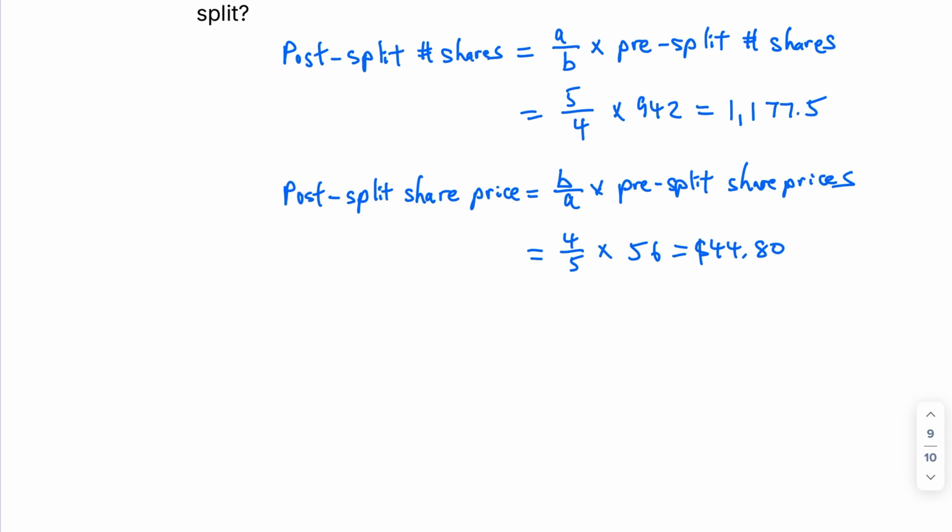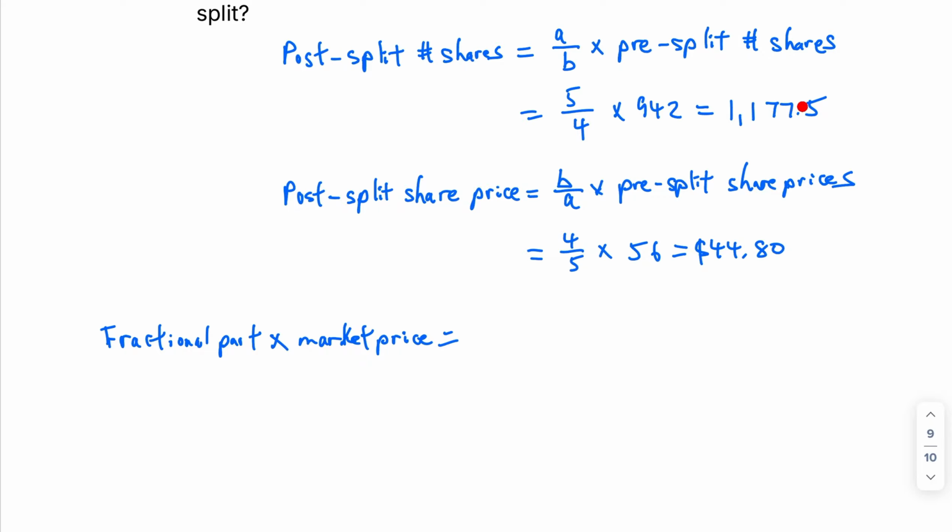Okay, so let me go ahead and write this equation down. The fractional part times market price. Okay, so that's going to equal the fractional part. If you notice here, when we calculated the post-split number of shares, there's a 0.5.